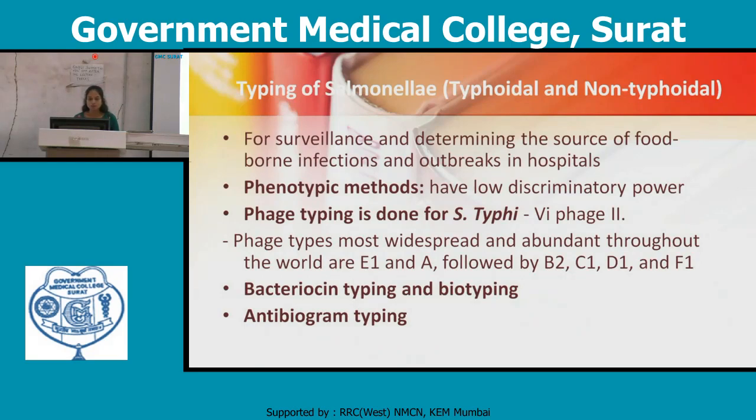Phenotypic methods have low discriminative power. Phage typing is done for S. typhi using Vi phage II. The phage types most widespread and abundant throughout the world are E1 and A, followed by B2, C1, D1 and F1. Also bacteriocin typing, biotyping and antibiogram typing.